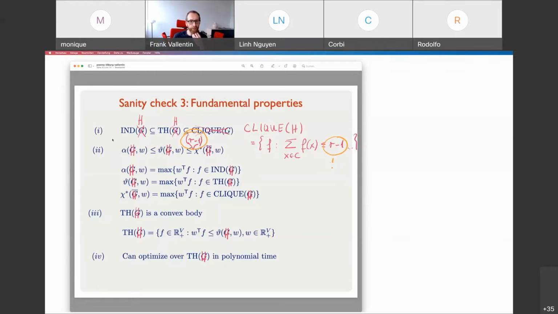The independent set polytope of H is contained in the theta body of H, which is contained in the clique inequality polytope of H. But there is some difference to the graph case: if we talk about cliques in H, and about r-uniform hypergraphs, then the clique inequalities shouldn't have a 1 on the right-hand side, but an r-1 on the right-hand side.